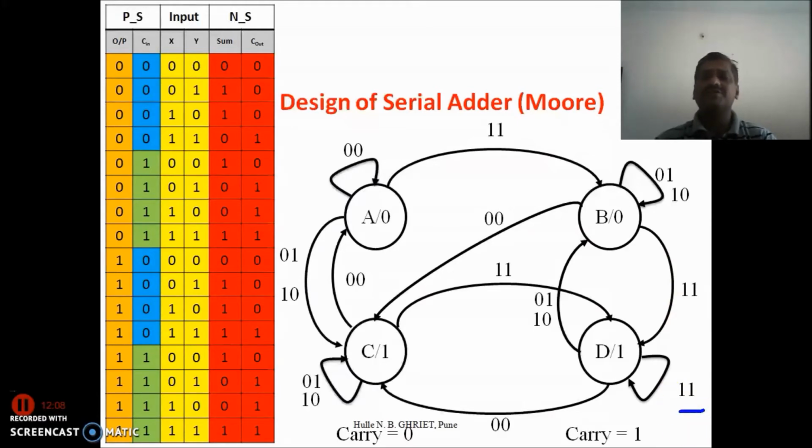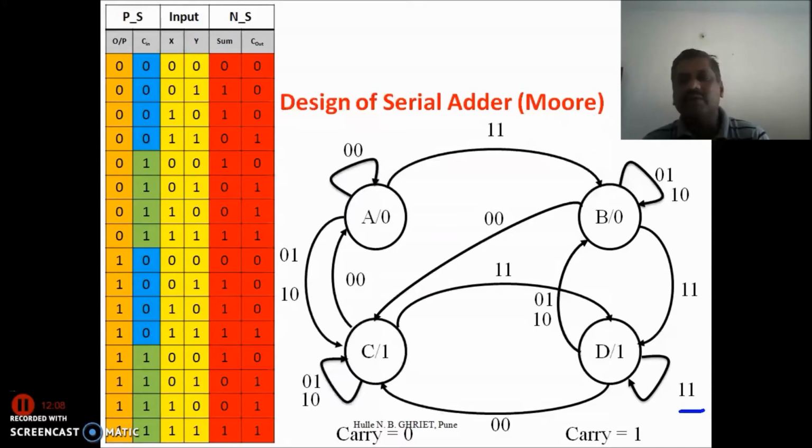This is the preparation of the state diagram. In case of the sequential circuit design, it is very important to find out the possible number of the states. In case of the Mealy model, the possible number of the states will be the things which we have to memorize.